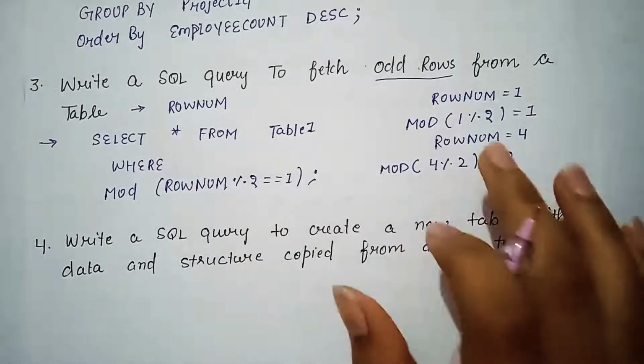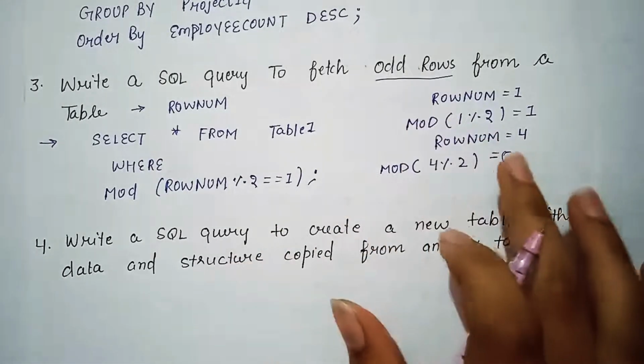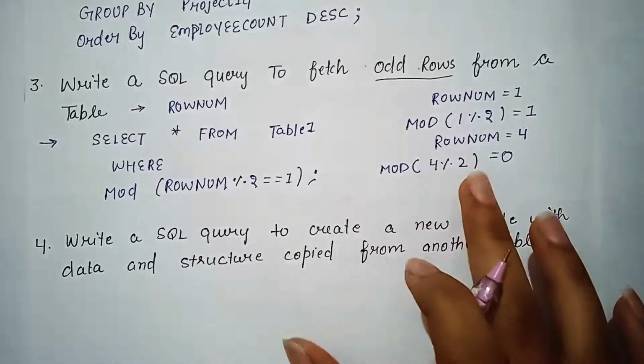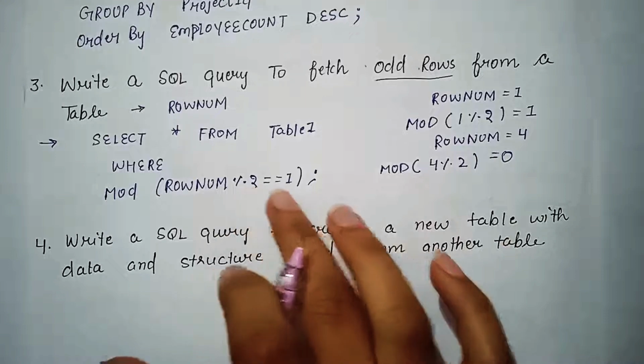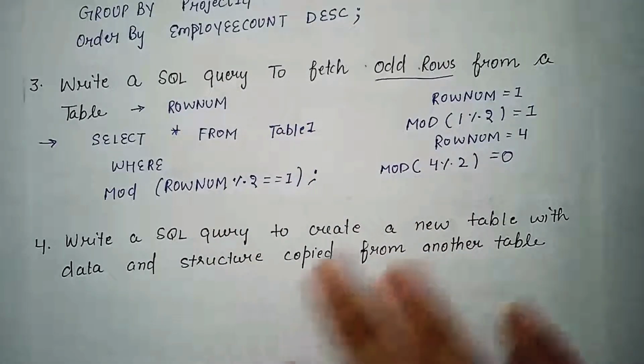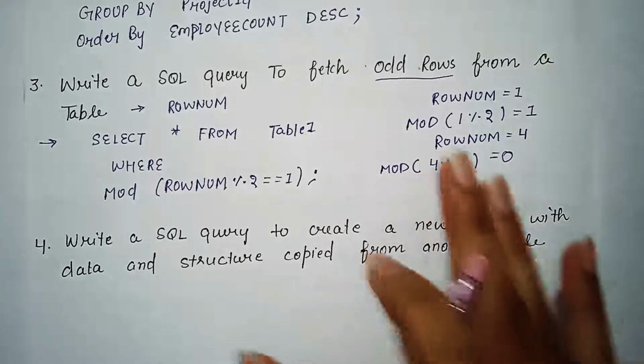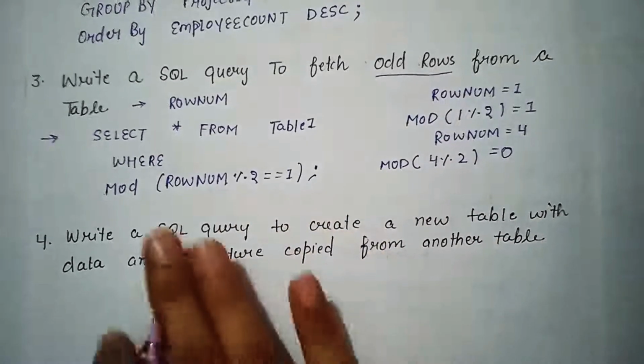So it will indicate that this row is not an odd row. So this row having 4 is not an odd row and will not be considered in the resultant table. This is how we can return only odd rows from the table by using ROWNUM.